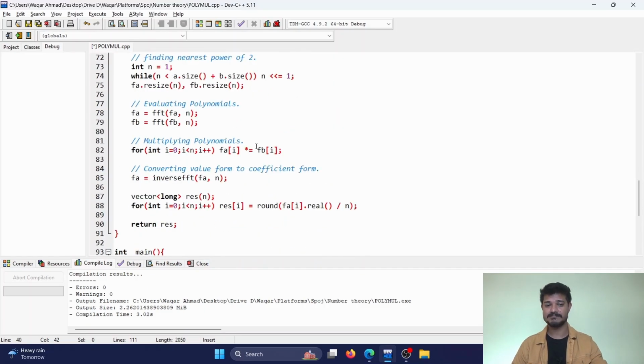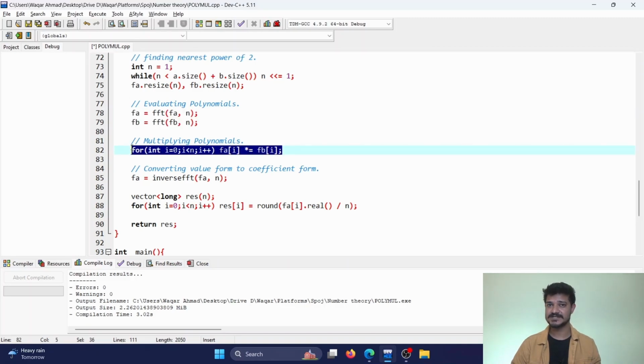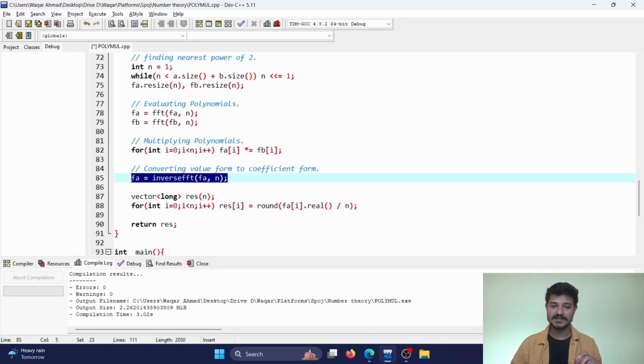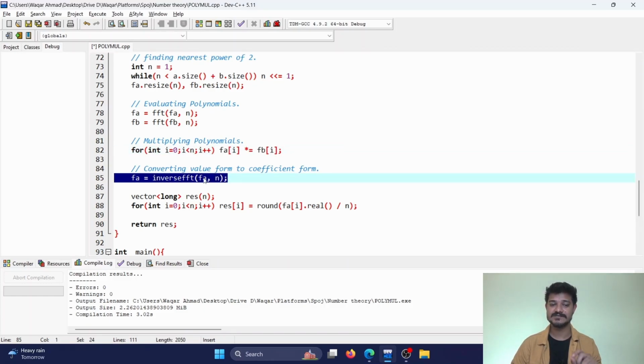So now if you come back here, you apply FFT to FA and FB, perform the multiplication, and convert the result back into coefficient form, because the result here is in value form. Apply inverse FFT.